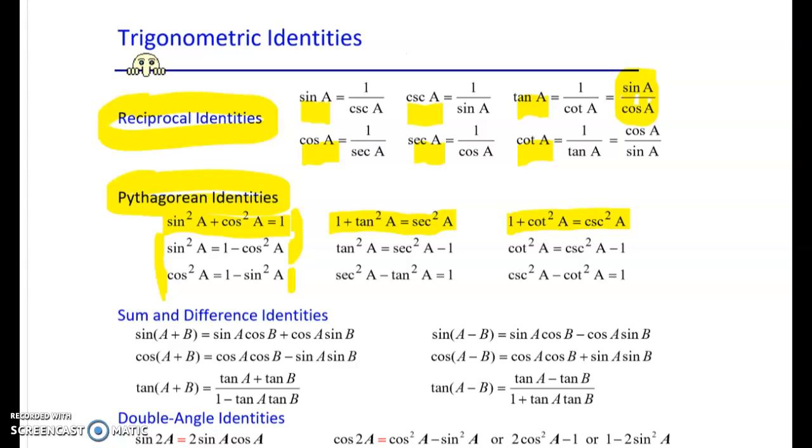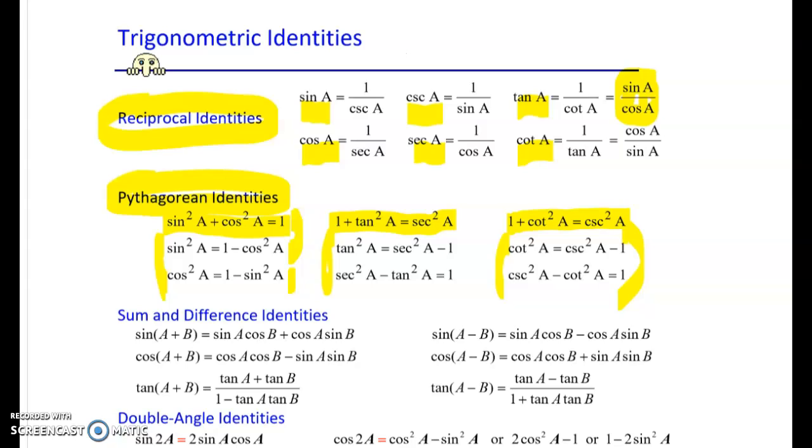And for the third one here, they just moved the sine over. Same thing with these 2 and the same thing with these 2. They just manipulated that first formula to see it in all 3 ways. Sometimes that'll help us to notice things that are happening, and that's why I wanted you to have this sheet.